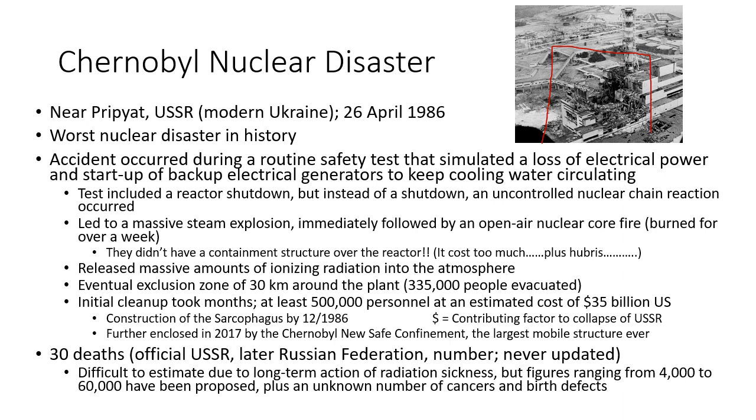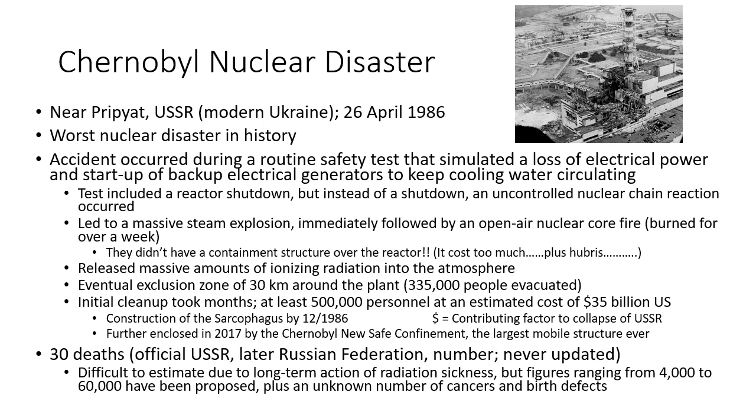That was only supposed to be a temporary fix, and it wasn't until 2017 that the Chernobyl New Safe Confinement structure, the biggest mobile structure ever, was completed. There's a really cool documentary that I can point you towards about how it was constructed and how this giant building, like a giant football stadium dome, was moved over the power plant. So super cool.